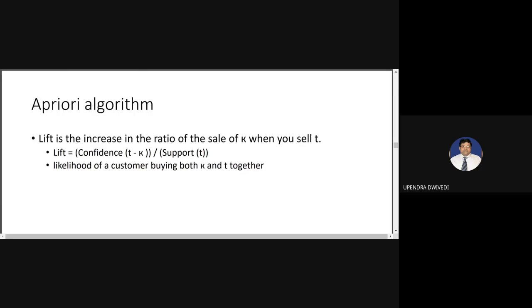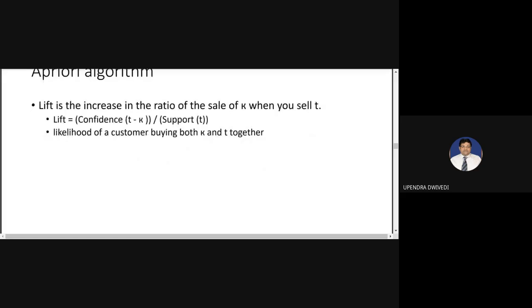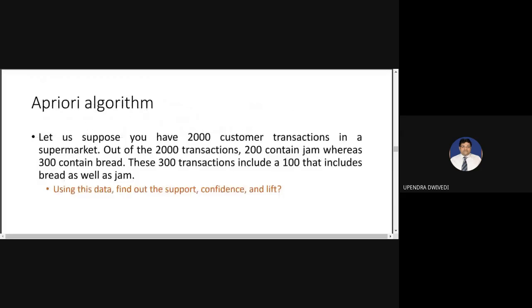Now, let us do one example here. I have taken this example. Please go through it and give me the output of support, confidence, and lift for this problem. Please do it. You have 5 minutes. You can paste your answer in the chat box, or you can paste the answer in the Jam notebook.